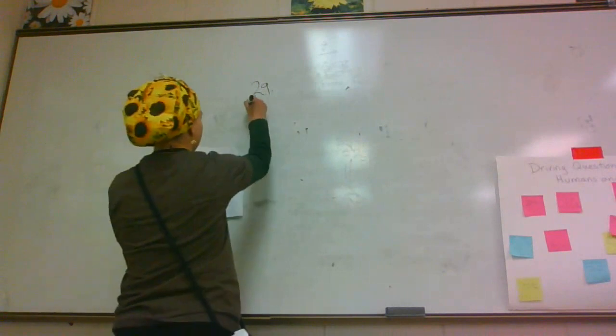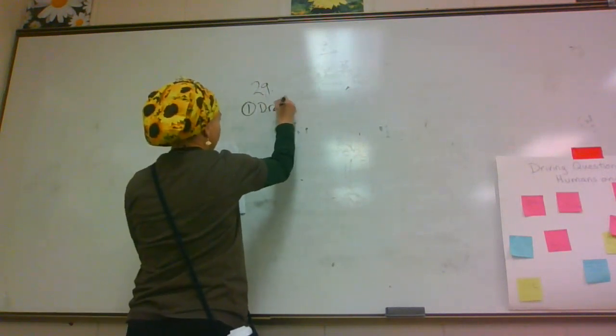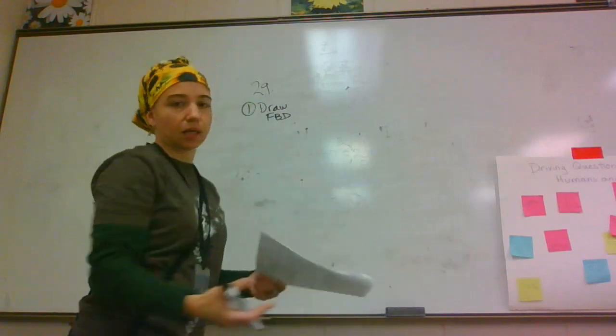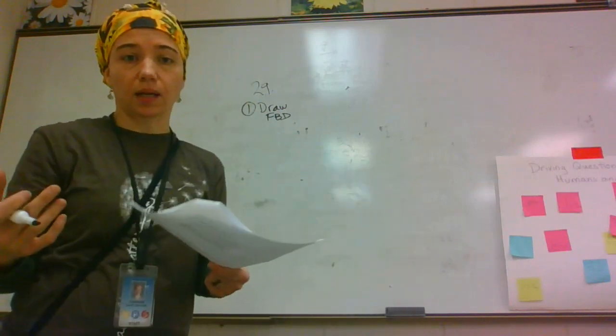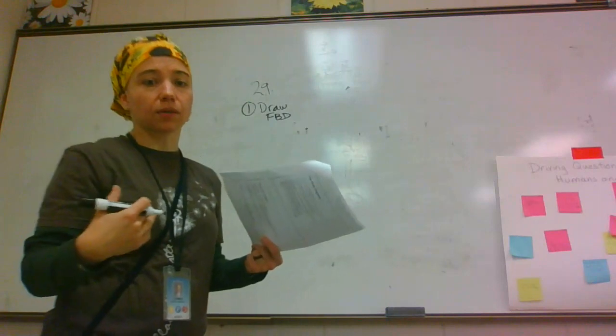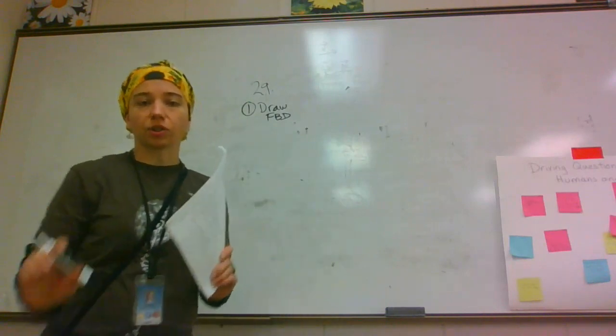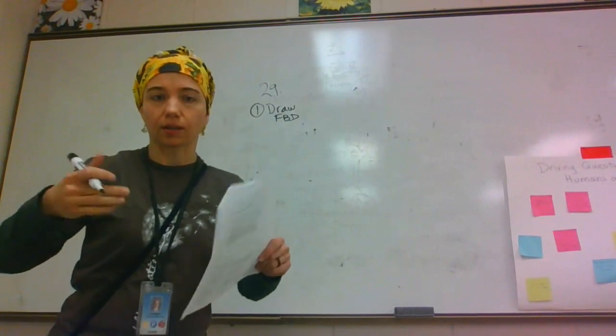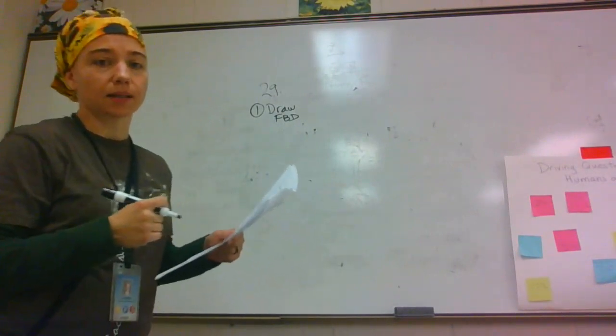So the first step in this one is I'm going to draw my free body diagram. And then the main idea here is to consider the difference between kinetic friction and static friction. Like we talked about, static friction, if I'm pushing on an object and it's not moving yet, as I push harder, the static frictional force increases up to a maximum.